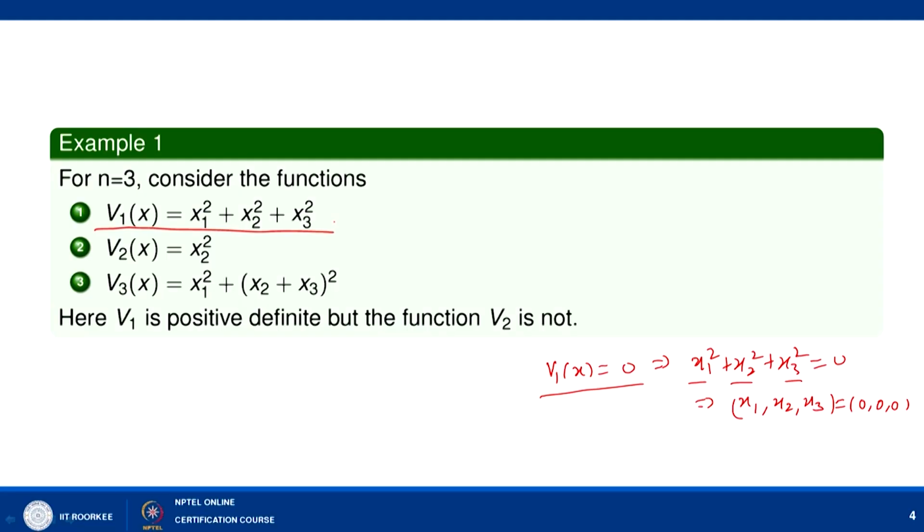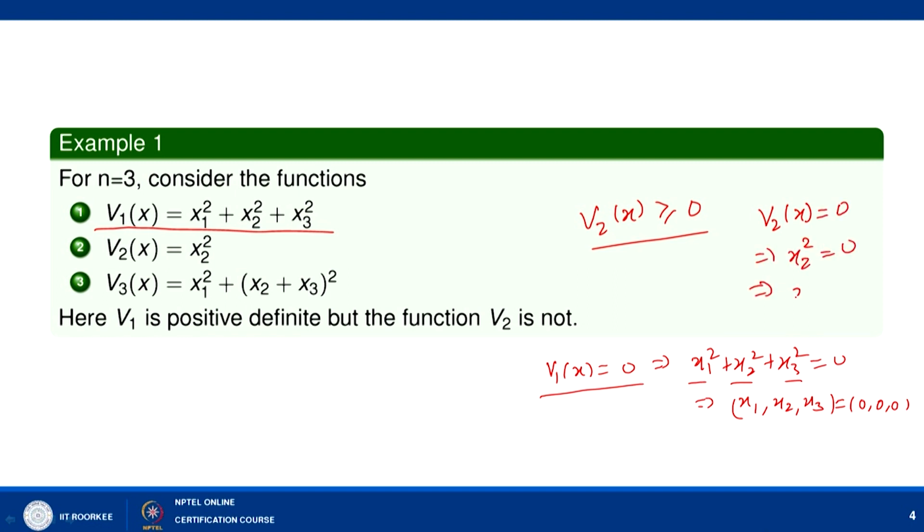Now, similarly we can define v2(x) equal to x2 square. Since v2(x) is given as the square of x2, it will take only non-negative values. If you put v2(x) equal to 0, then this implies that x2 square equal to 0.